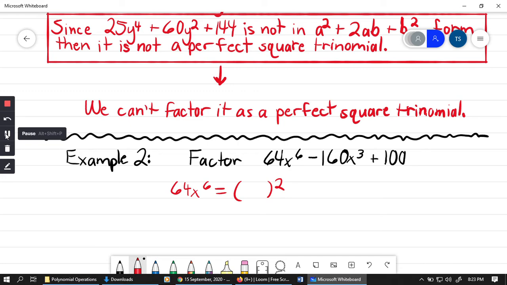What squared gives us that? And remember, we can take the square root of that number, the constant coefficient there, and the square root of 64 is 8. And of course we can divide the exponent there by 2. That would make that be x to the third power.